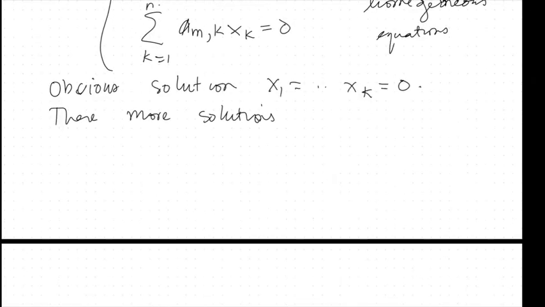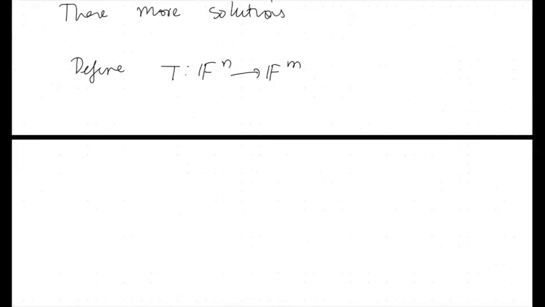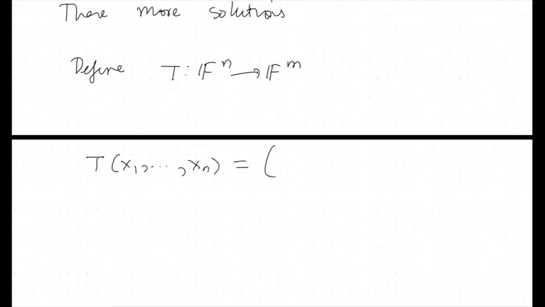The answer is using linear maps. So we define T from F^n to F^m, and T is defined as follows: x_1 to x_n maps to a vector whose first component is just the first linear map, the first equation, and the last component is the sum of a_mk x_k.